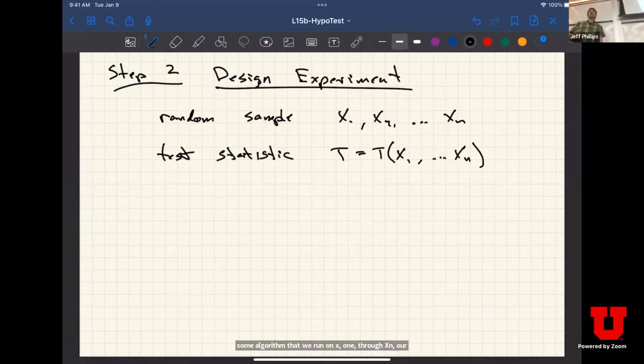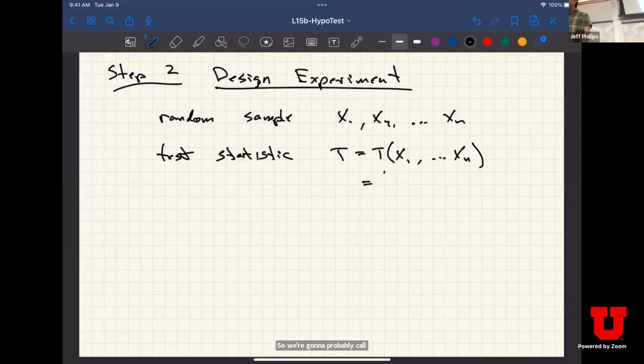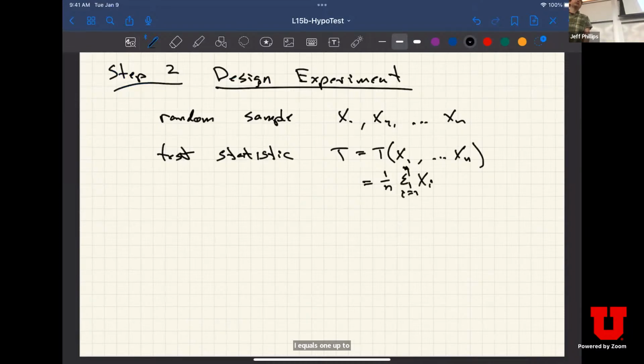In this case, we're interested in the average, right? So we're going to do 1 over n, sum from i equals 1 up to n of Xi. We're creating the sample average. It would seem a pretty useful test statistic in this case.